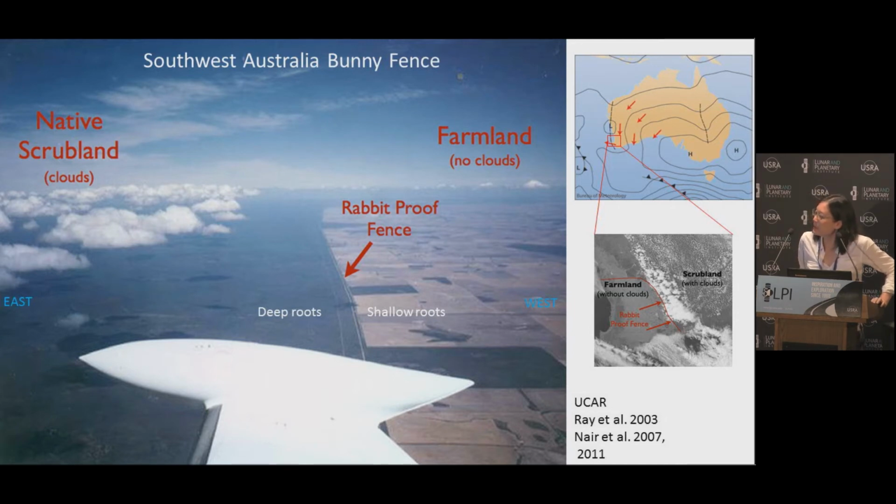So this results in the native scrub site having higher sensible and latent heat fluxes, raising the planetary boundary layer. It can more likely get above the lifting condensation level, so you get cloud formation. This is not happening independently of circulation patterns. There's also a low pressure trough synoptic feature in this region that swings on and off the coast.